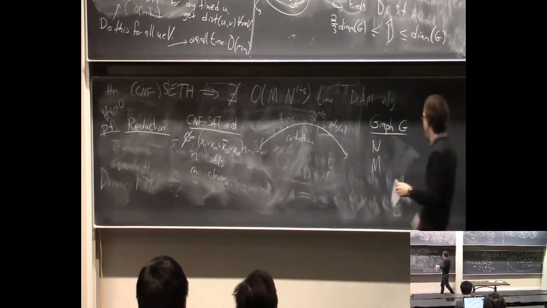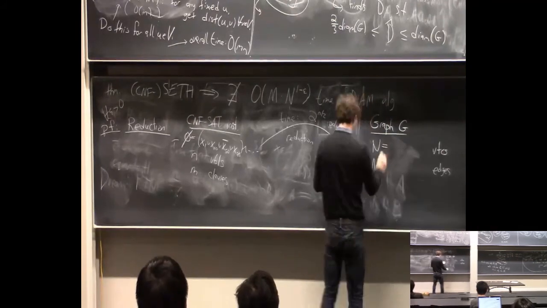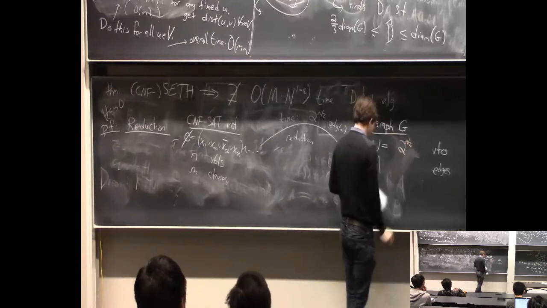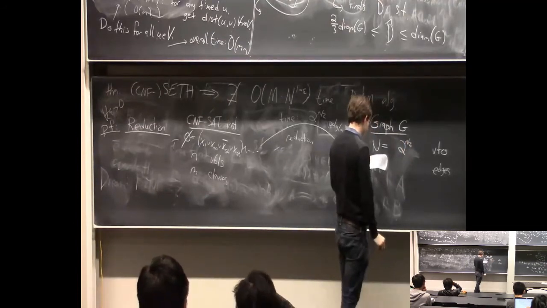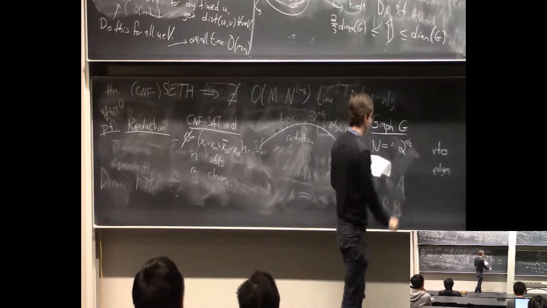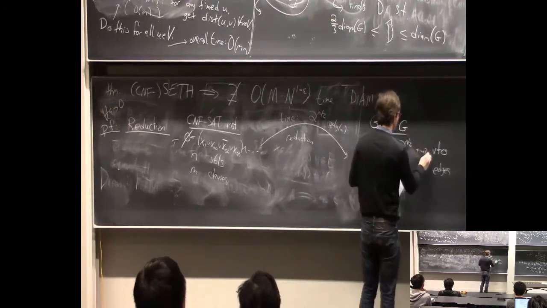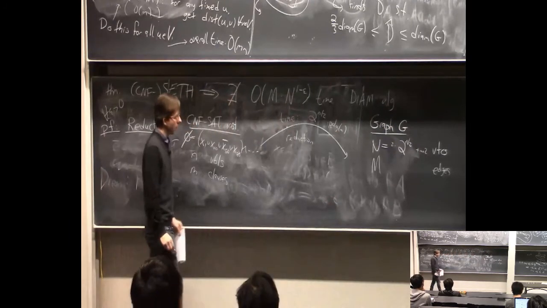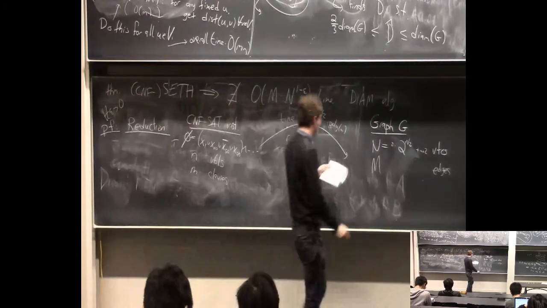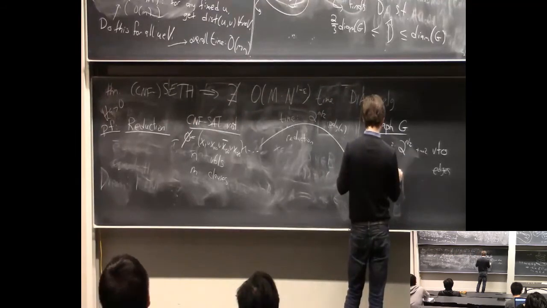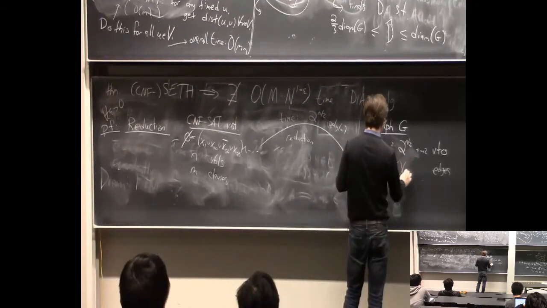Okay. So how many vertices is it going to have? Basically 2 to the n over 2. Let me check my notes. It's actually going to be 2 times 2 to the n over 2 plus m plus 2. But basically 2 to the n over 2 vertices. And the number of edges is also basically 2 to the n over 2.